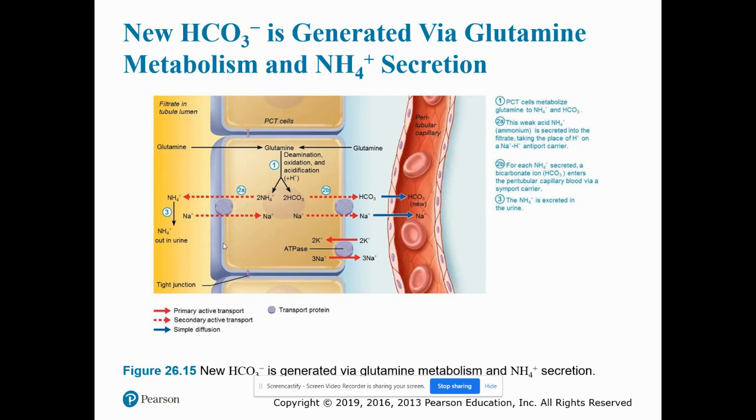So we have glutamine. It gets split into 2 ammonium and 2 bicarbonate. The bicarbonate goes into the blood. The ammonium is put into the filtrate and it's excreted out in urine.